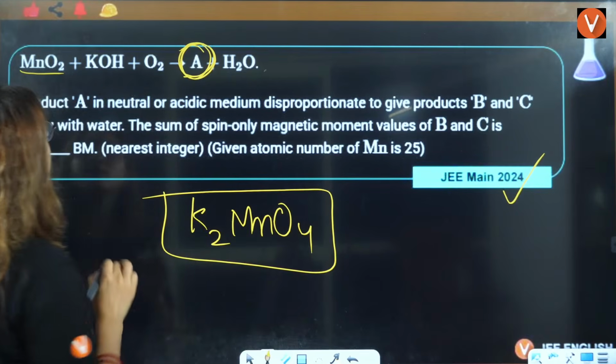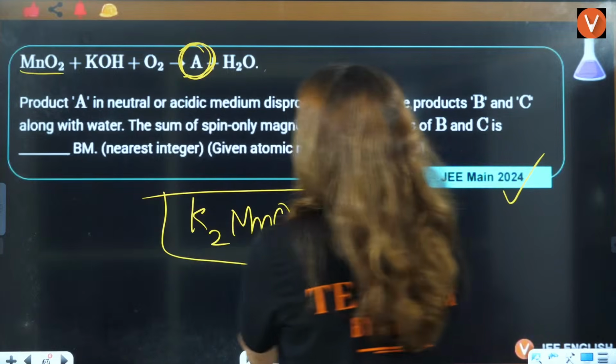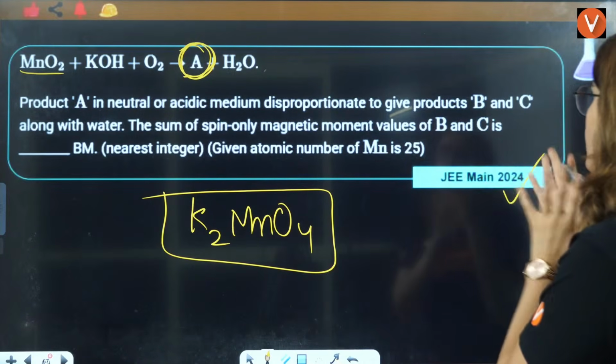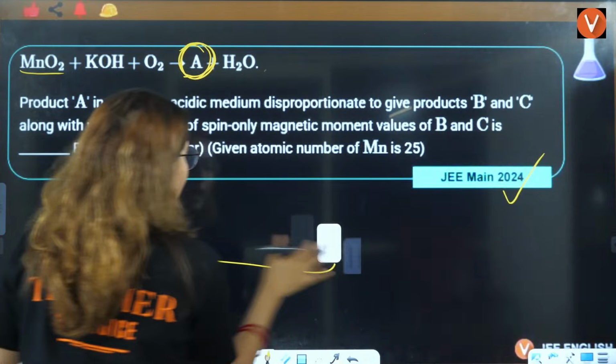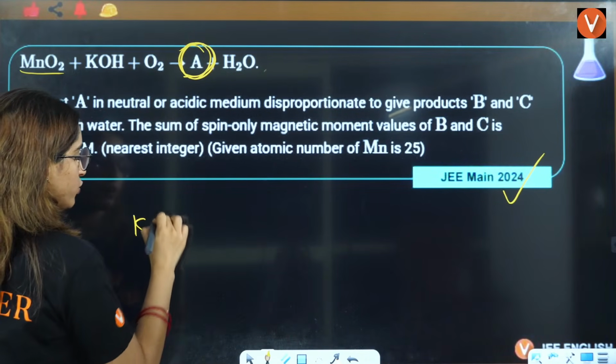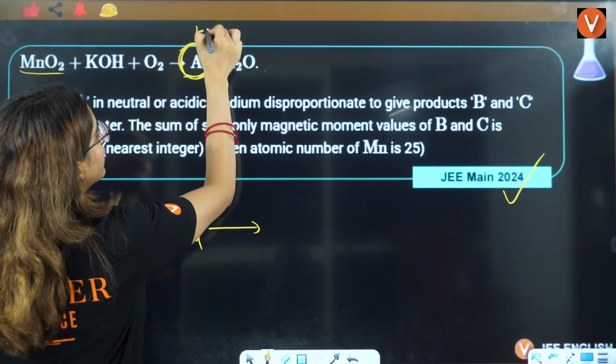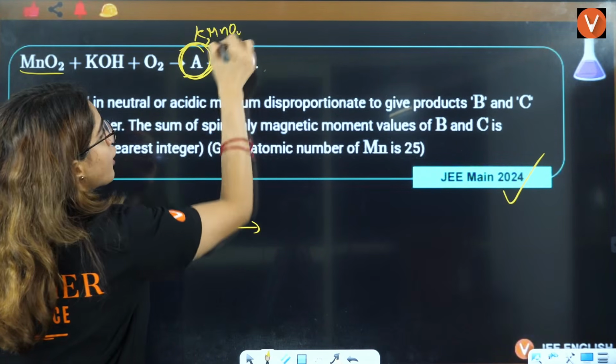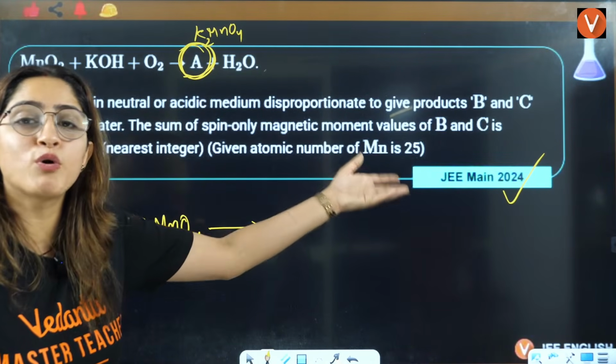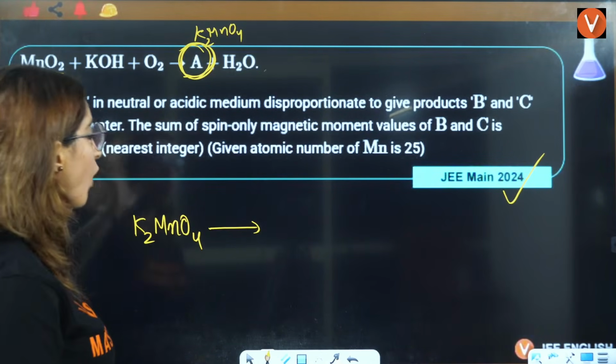Now they are saying the product in neutral or acidic medium disproportionates to give B and C. Now we know they are talking about K2MnO4, that is manganate. Now he is saying that it further disproportionates to B and C along with water.